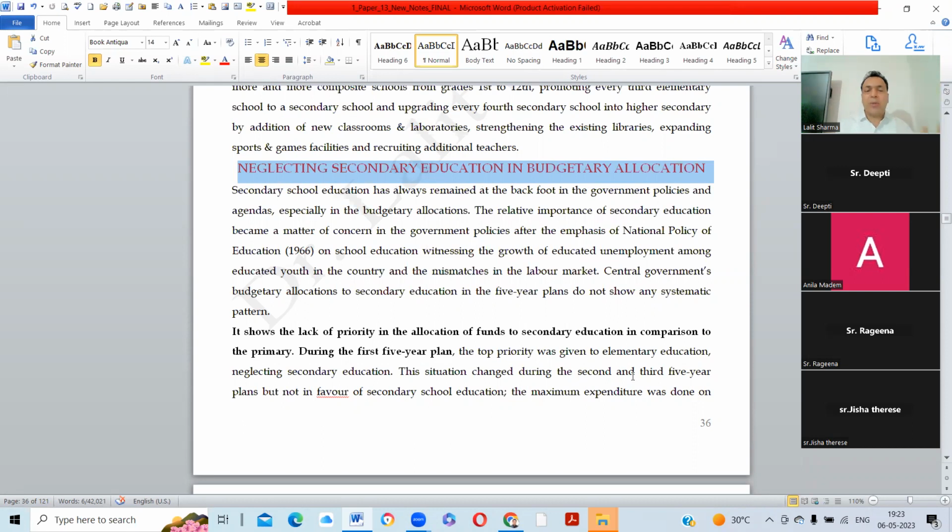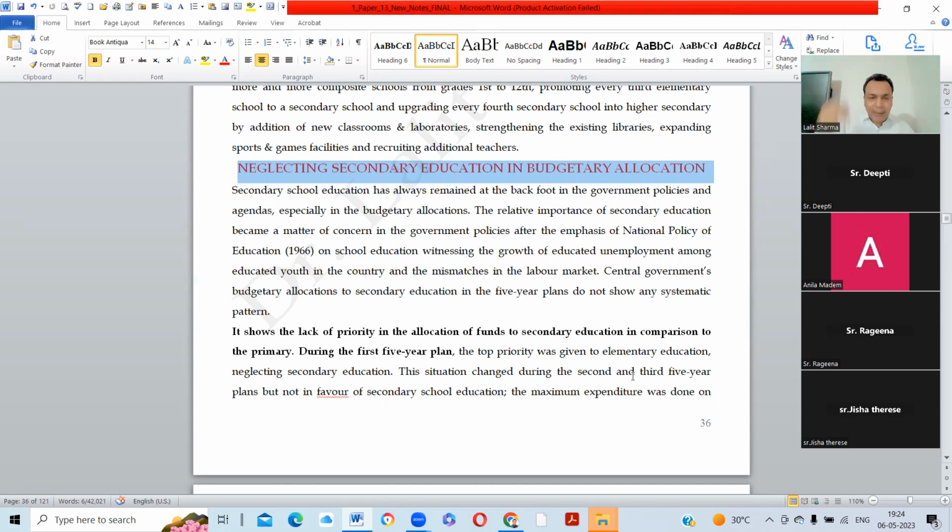Free and compulsory education from the age of 6 to 14 years is even written in Article 45. There were a lot of programs, the Sarva Shiksha program, the Right to Education Act, and many more programs and policies.